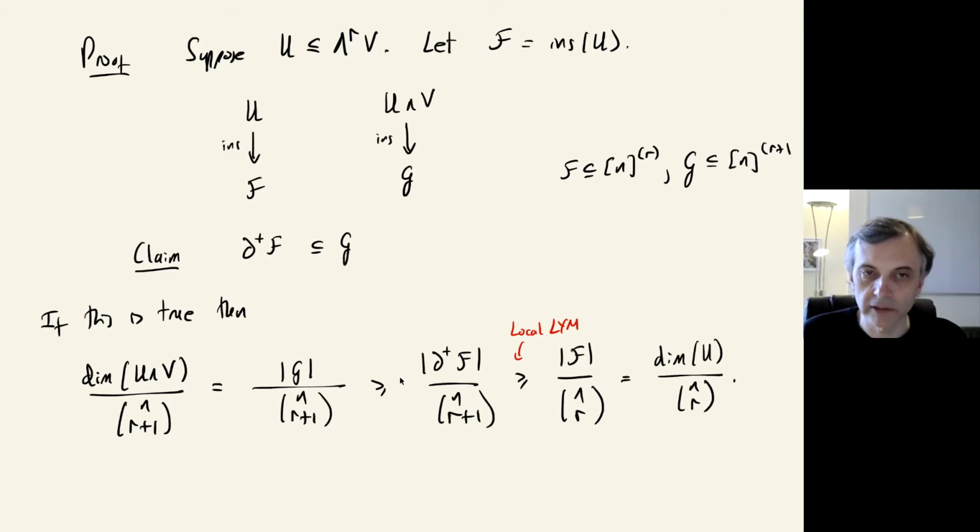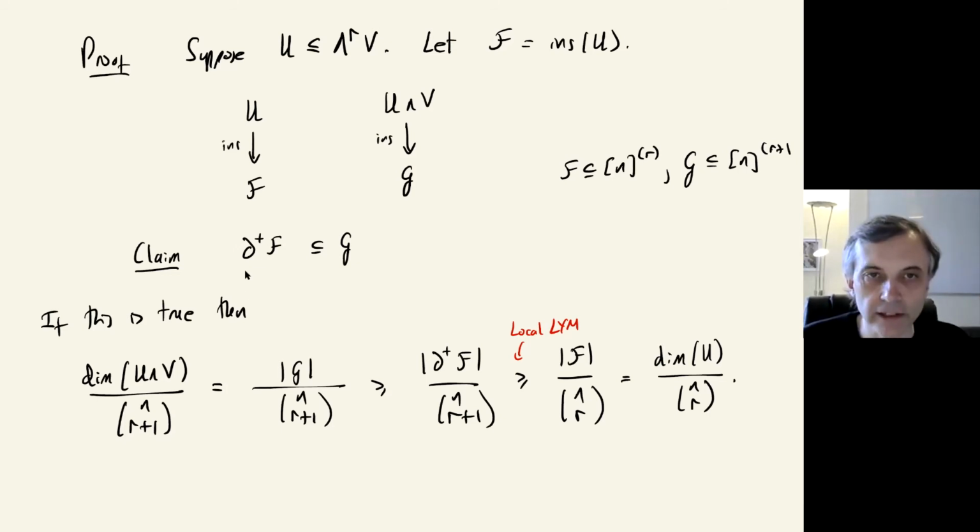And by the claim, that's at least as big as the upper shadow of F divided by n choose r+1. And now local LYM says that fraction's at least as large as the fraction of the r-th layer we had in F, and that was the dimension of U divided by n choose r. So it just follows straight through. The key thing is just checking that if you wedge and move to the initial set, then that contains what you get by moving to the initial set and then taking the upper shadow.